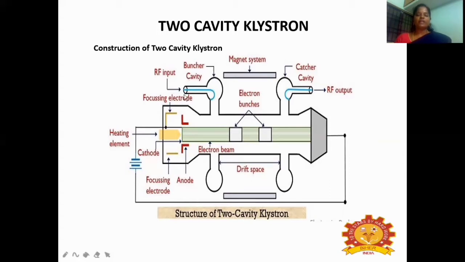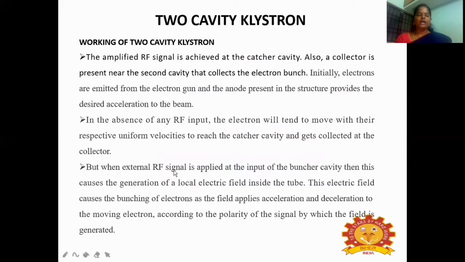What happens if we apply an RF input signal? When the RF input signal is applied at the input of the buncher cavity, this RF input signal causes the generation of an electric field inside the tube. We know that this external signal is a sine wave, so it consists of a positive and a negative half cycle. We are going to discuss what happens to the electrons moving inside the tube when the positive half cycle is applied and also when the negative half cycle is applied.